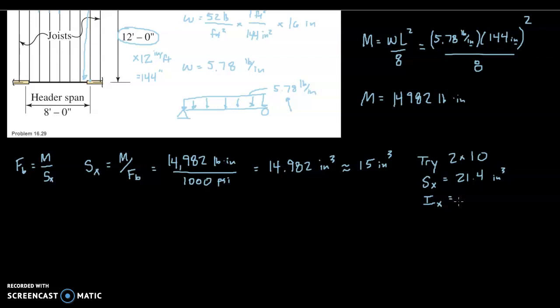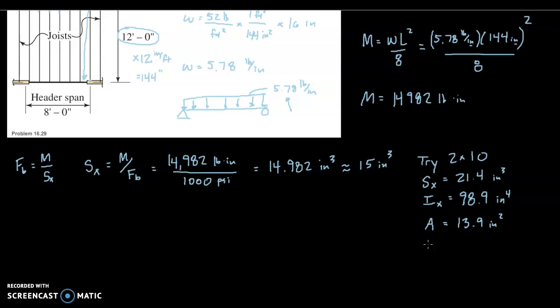A 2 by 10 has a moment of inertia of 98.9 inches to the fourth. For resisting shear, we need to look at the area of a 2 by 10. The area of a 2 by 10 is 13.9 inches squared.